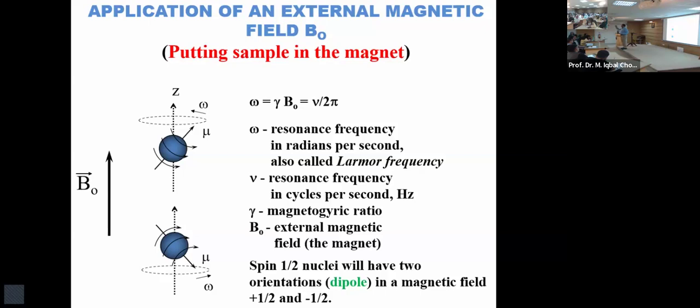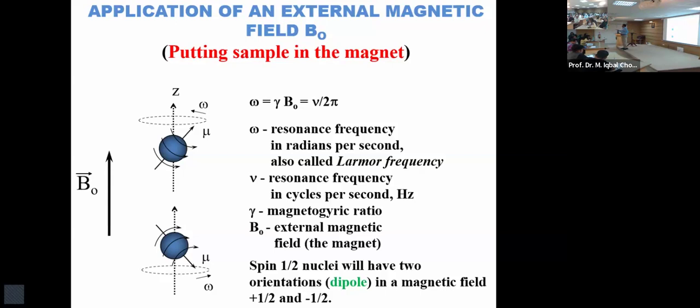The ones which are very shielded will feel less B naught because electrons have a counter magnetism. The one without much electron density, such as the hydroxyl proton, would feel more B naught, right? Because it has less shielding around it. And that is called B effective.